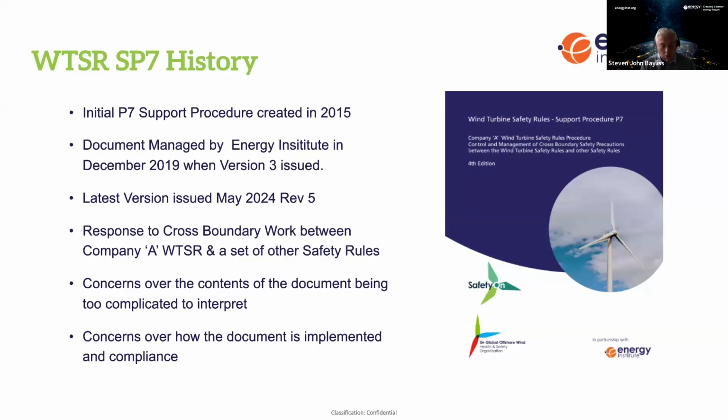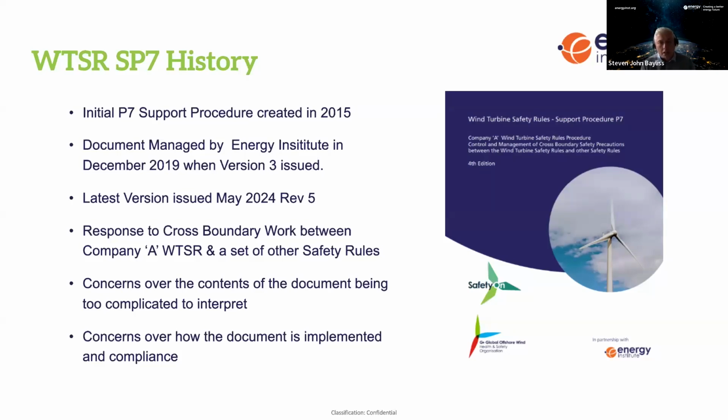So that was the main reason for that in 2019. Moving on to 2021, due to the 4th edition coming online, it was updated again to that. And then finally, in 2024, it was updated to revision 5, which is the current revision it's in now.